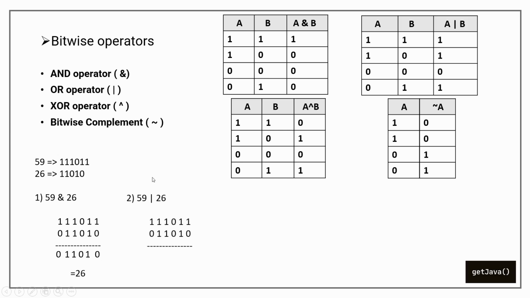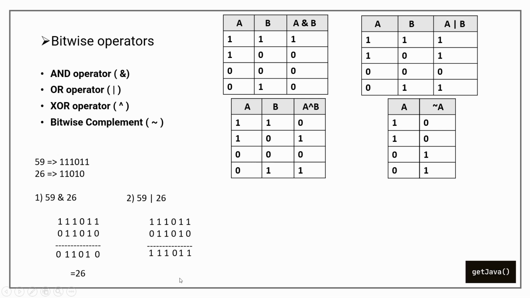Now let's see another example for the OR operator. Again, we will write down the binary representation. Now 1 or 0. If we look at the OR table, 1 or 0 is 1. 1 or 1 is 1, so again 1. 0 or 0 is 0. 1 or 1 is 1. 1 or 1 is 1. 1 or 0 is 1.